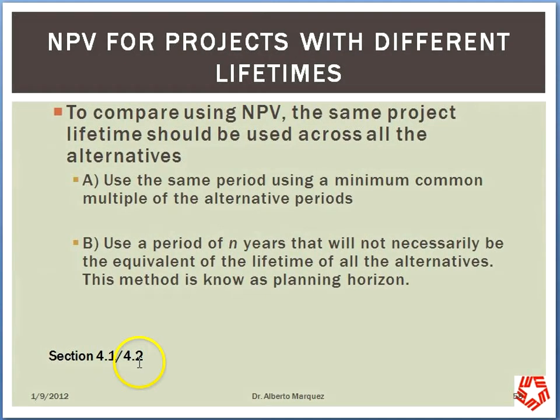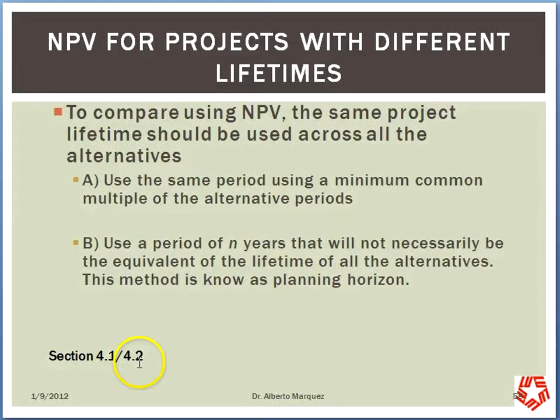To compare projects with different lifetimes across all the alternatives, there are a few methods. One of them would be to use the same period, using the minimum common multiple of the alternative periods. However, this could be a little cumbersome because computing the minimum common multiple could give us an unreasonable answer.